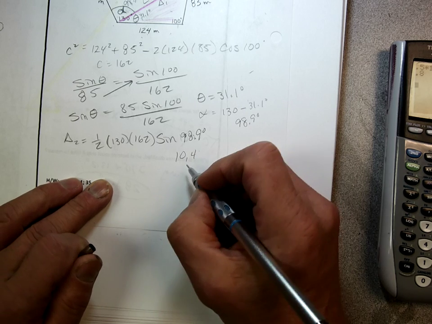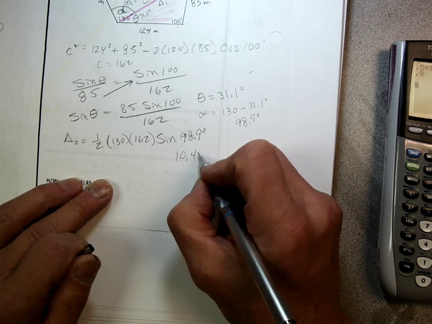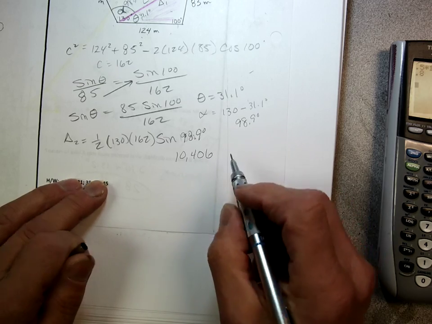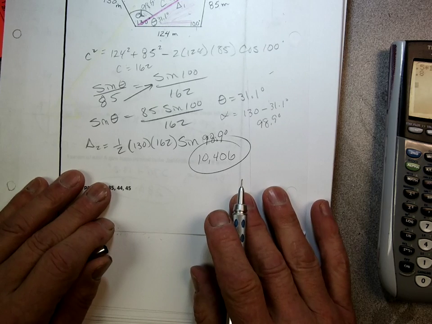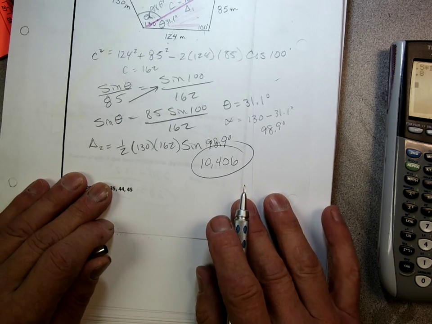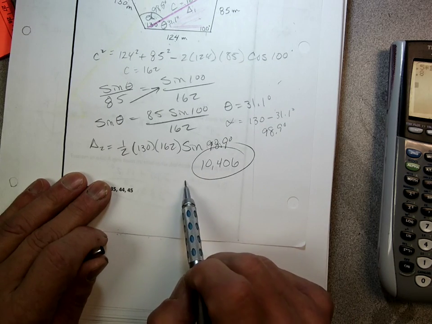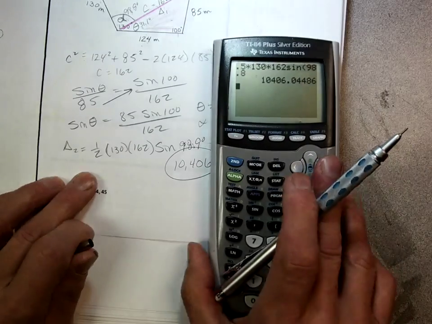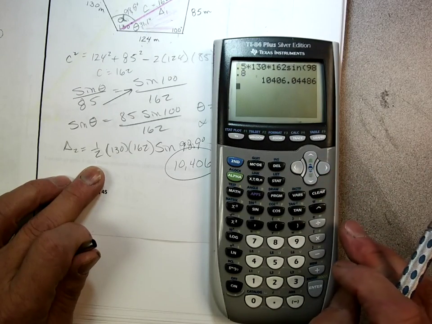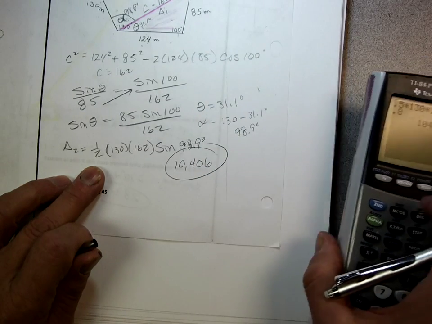It wouldn't make a huge difference. And then I'm going to add the two triangles together, right? Did I make a mistake, Devin? It's possible. I got 10,403.21. What did I do wrong? I used 98.8 instead of 98.9.